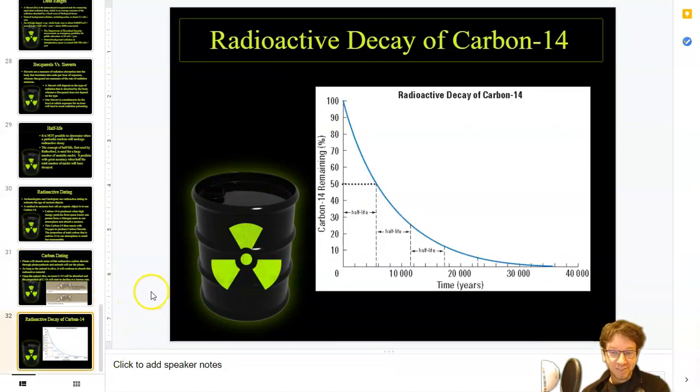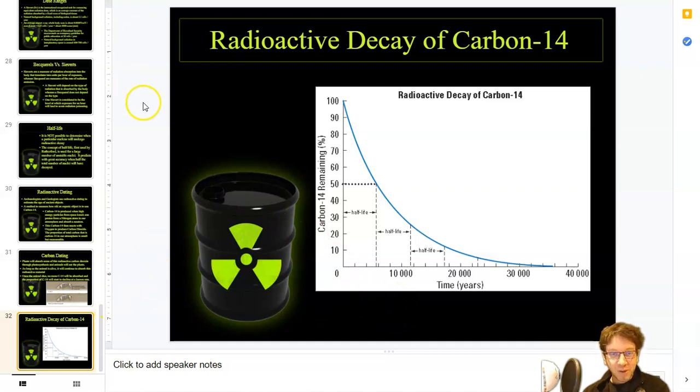Okay, so half-life works like this. If you had 100 particles, after it goes to half, right, a certain time has passed. Once that 50 particles goes down to 25, the exact same amount of time has passed. Once that 25 has gone down to 12 and a half, the exact same amount of time has passed. Okay, so that's how half-life works.